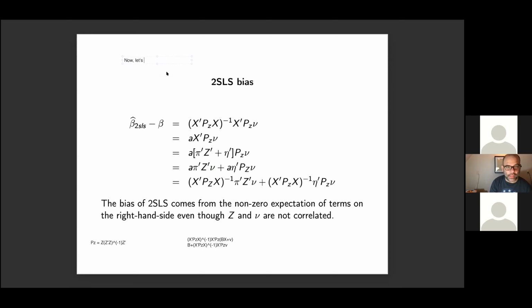Now let's focus on the bias of two-stage least squares. The bias is shown by comparing our two-stage least squares solution to the true value of beta, right?